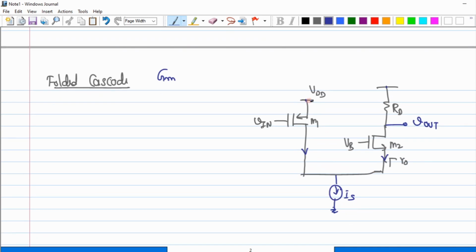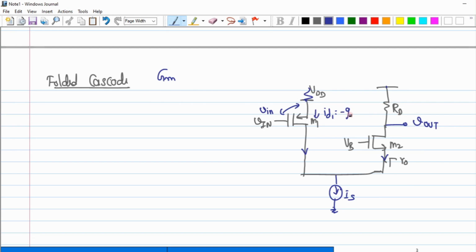So what happens to these nodes when I translate them to a small signal? This goes to the ground. I have the small signal Vin, and there is a potential difference between the gate and the source, due to which there is a current across my M1. And that current value is nothing but the same ID1. I will write it as minus GM1 times Vin.